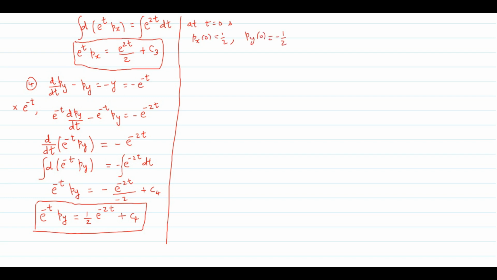So let us substitute here. t equal to 0 implies e power 0 p x of 0 is equal to e power 0 by 2 plus c3. Anything power 0 is 1, so half equals half plus c3. So these two get cancelled, which means c3 is equal to 0.